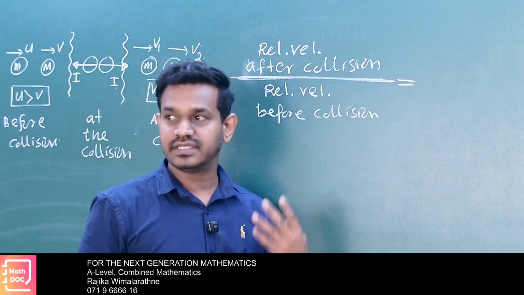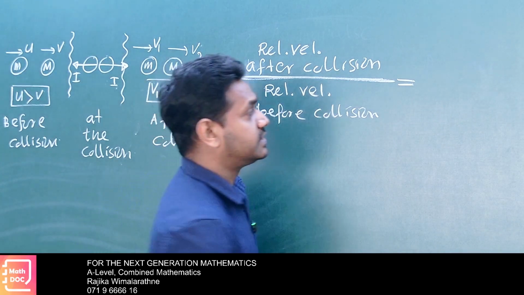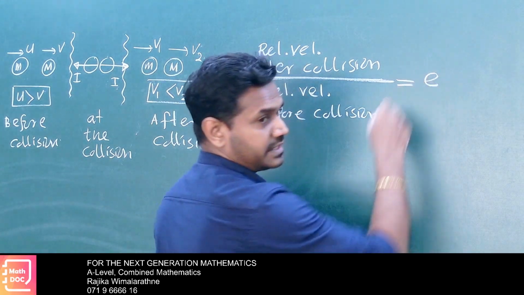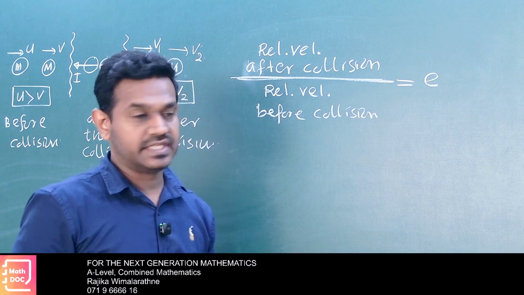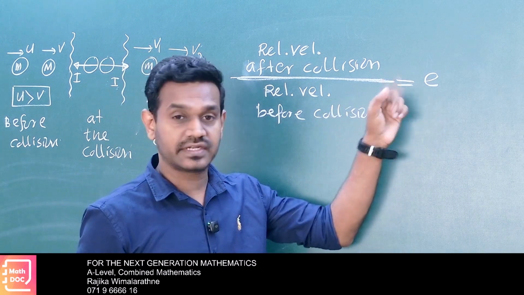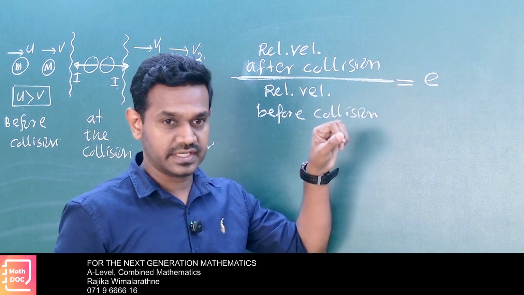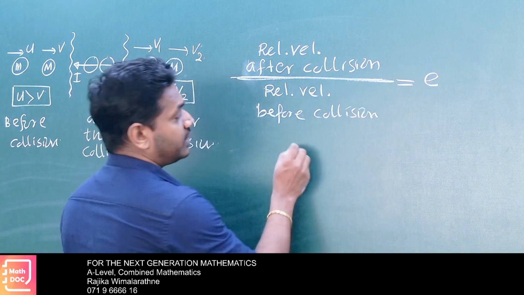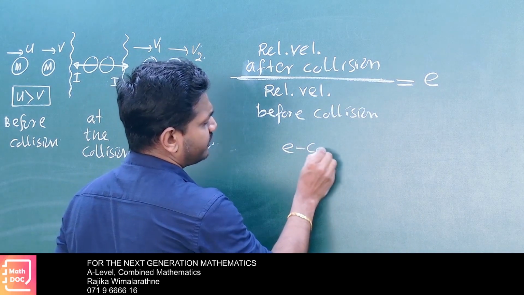For certain objects, that constant won't change. That constant we usually denote by E. This is not E naught, it is another constant, E. This E we call the coefficient of restitution.